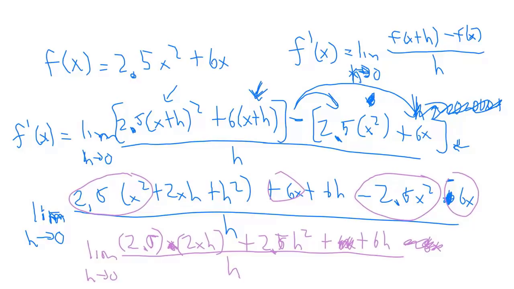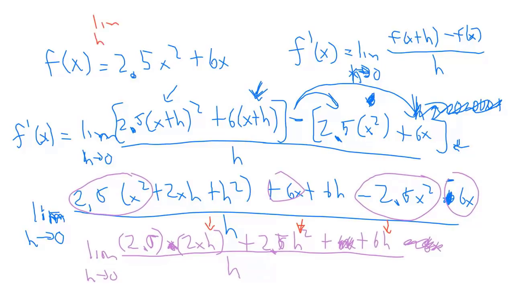And if you plug in 0 right now, it'll still end up with a 0 in the denominator. But if you notice, we actually have an h here, an h here, and an h here. So we can cancel out all the h's, and we'll be left with, I'm going to write it here just so you can see everything all together up top.